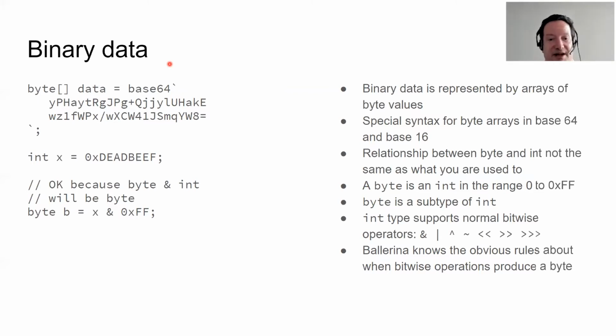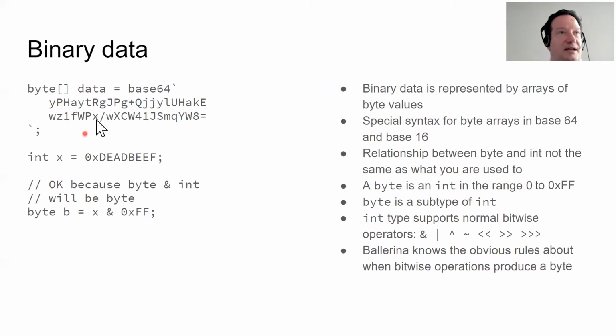If we have a char type in C, it's not a subtype of int, it's a completely separate type. But our worldview is that byte is a subtype of int, it's just saying an int where you've got a collection. Our int has 2 to the 64 values, and we're saying that the valid values are the 256 values between 0 and 255.